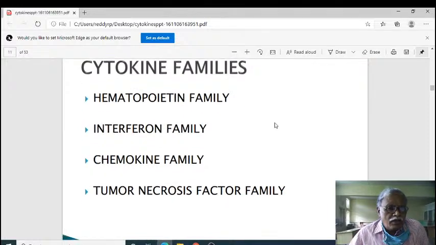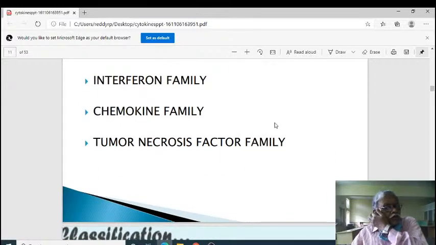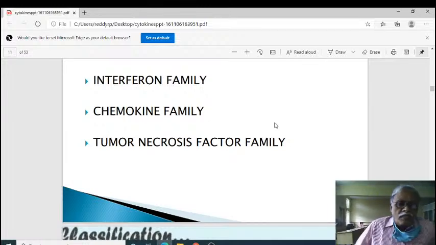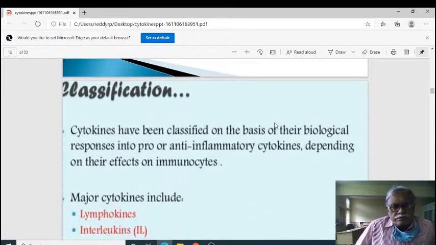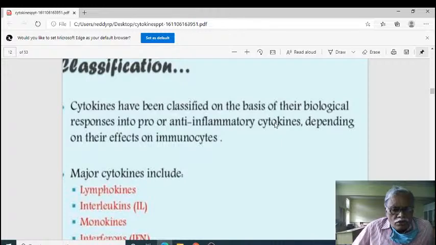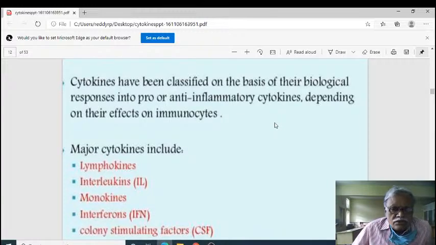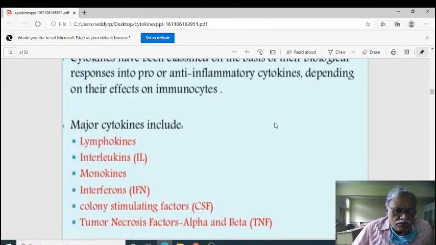The cytokine families: you have hematopoietin family, interferon family, chemokine family, the tumor necrosis factor family. So the cytokines have been classified on the basis of their biological responses into pro or anti-inflammatory cytokines, depending on their effects on immunocytes.